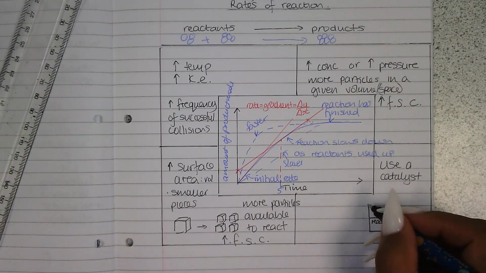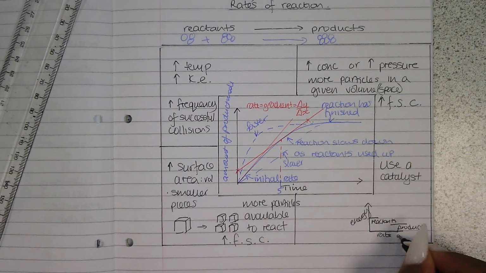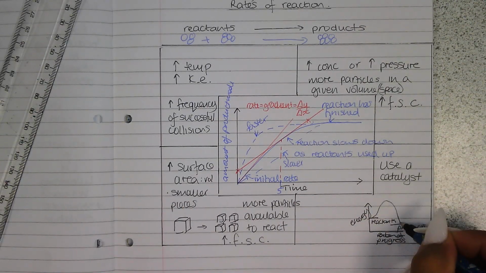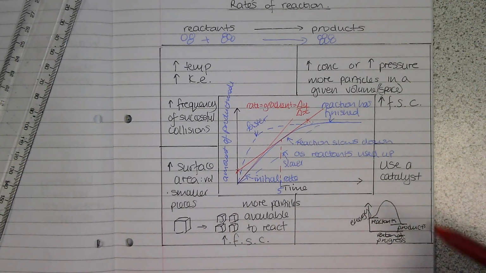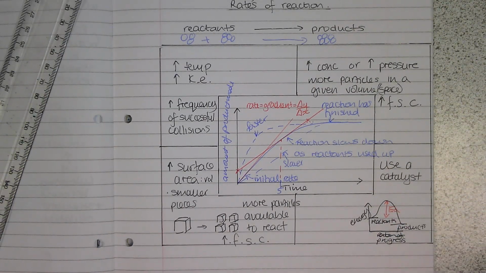And we have energy here, and we have the progress of the reaction here, so how it's happening over time. And this could be a measure of the energy needed, the activation energy needed for that reaction. And that will be like a set value.